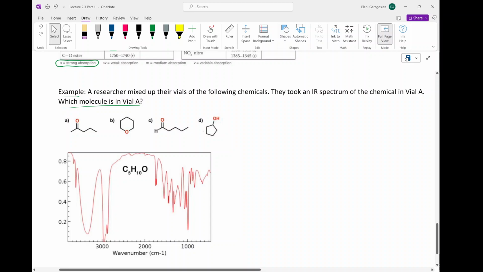If we look at about 1,700 here, we don't have a peak with a strong absorption. We have a short peak, but if we're looking for a carbon to oxygen double bond, that peak should be much lower, and we don't have that here. So it's probably not A, it's probably not C. One thing that we do notice, well, we have peaks right around here at about 2,500.